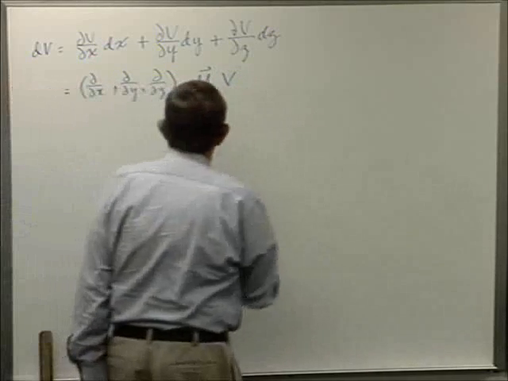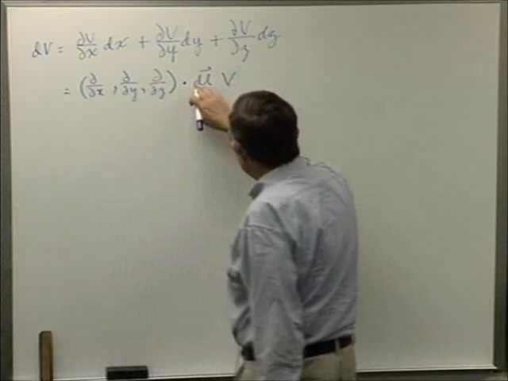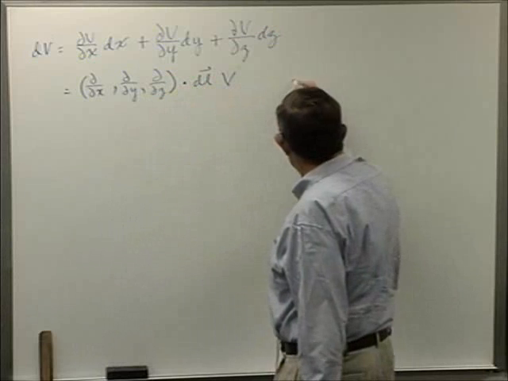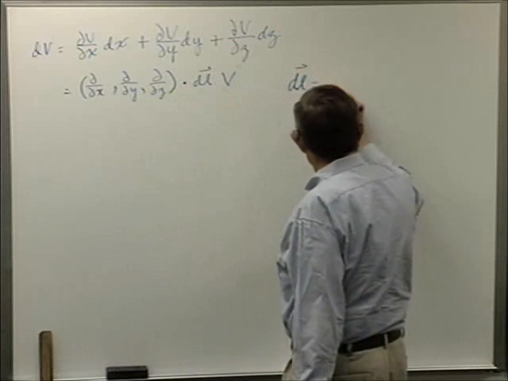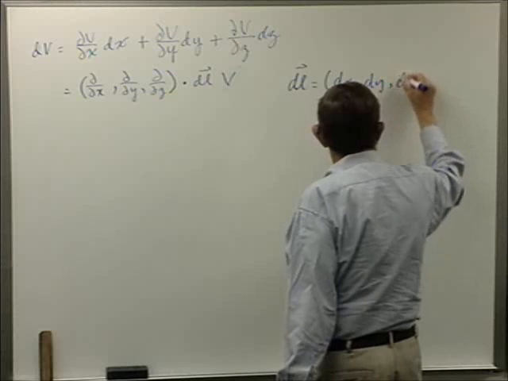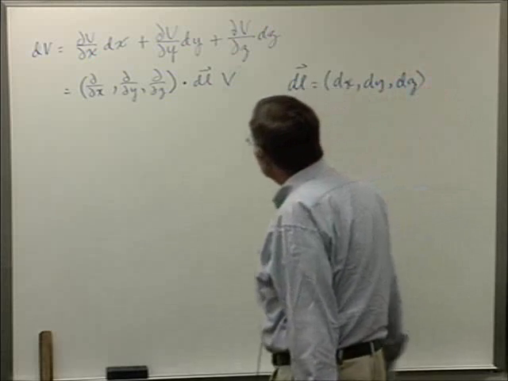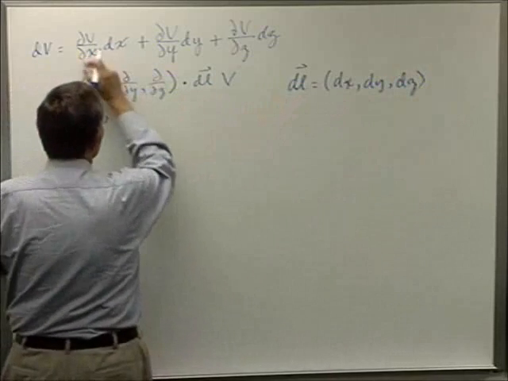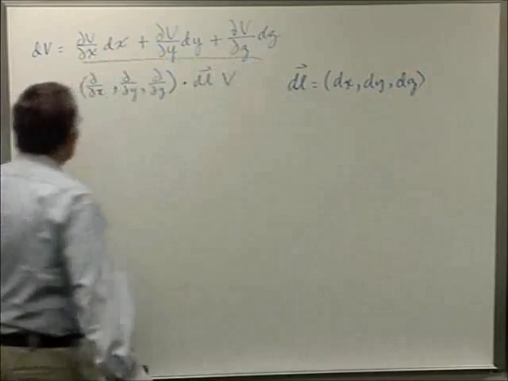So the length, this dl in any coordinate system, is just the vector dx, dy, dz. So if I take that dl, I form the dot product, I get exactly this term here.